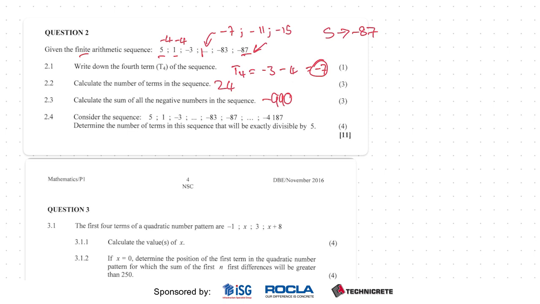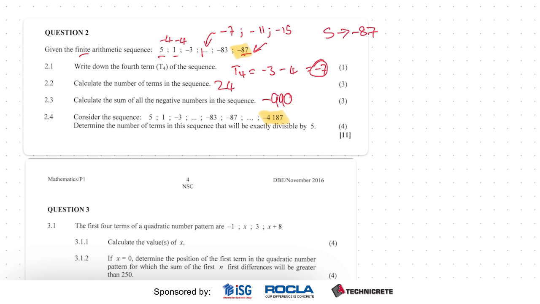Okay, so it seems like they give us the same sequence, but now the numbers don't end at negative 87. It now ends at negative 4187. Okay, so they've made the sequence a lot longer.